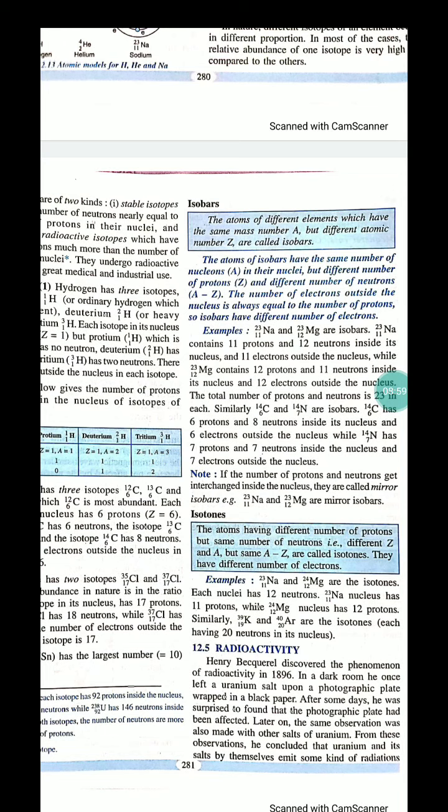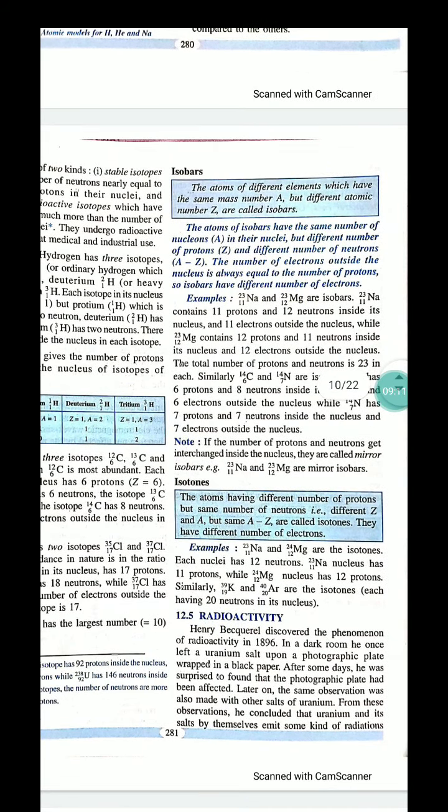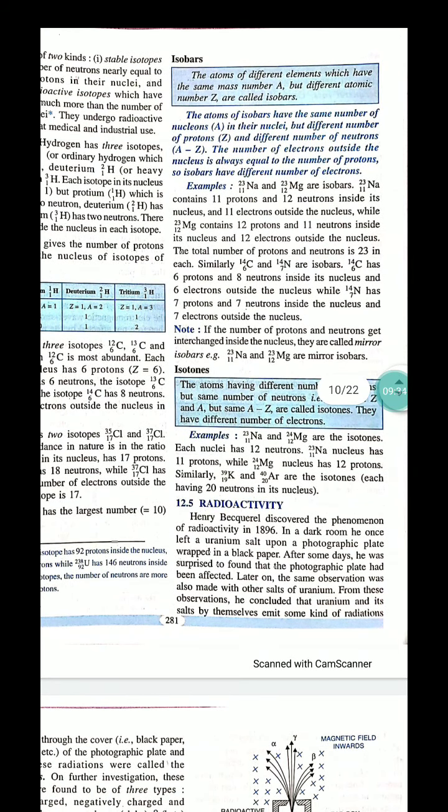Here sodium and magnesium examples are given as isobars. Sodium contains 11 protons and 12 neutrons inside its nucleus and 11 electrons outside the nucleus, while magnesium contains 12 protons and 11 neutrons inside its nucleus and 12 electrons outside the nucleus. The total number of protons and neutrons is 23. Similarly, carbon and nitrogen isobars are the same.